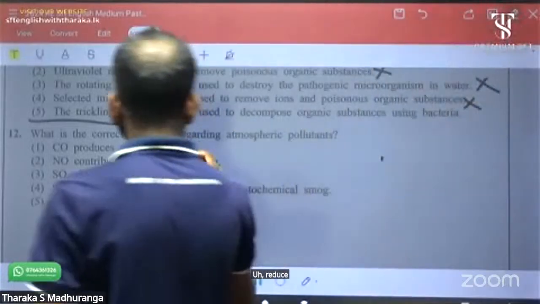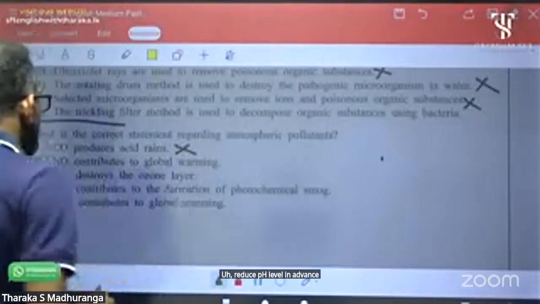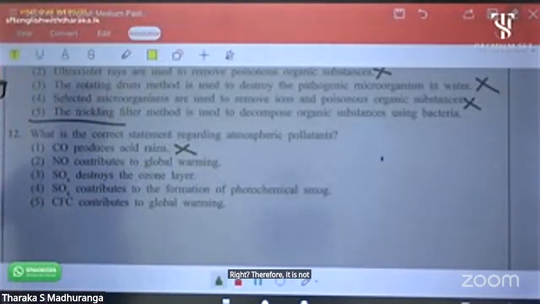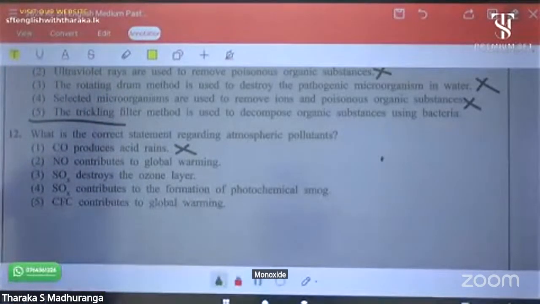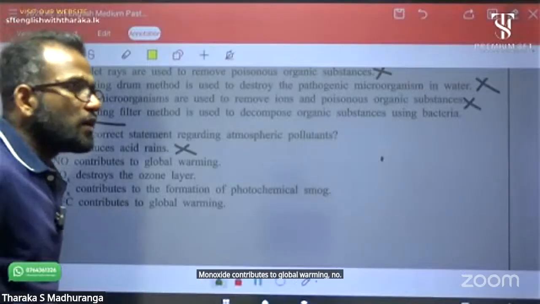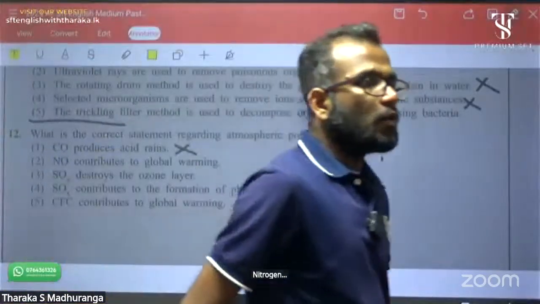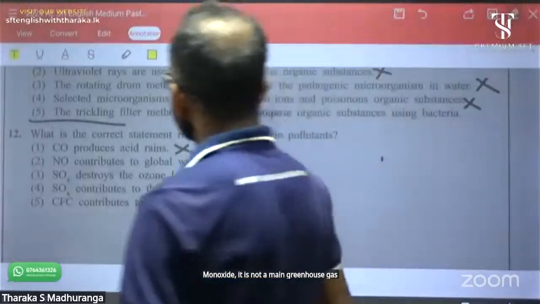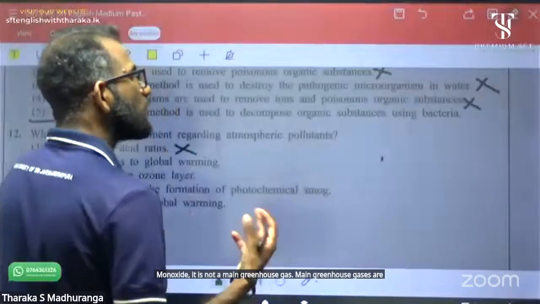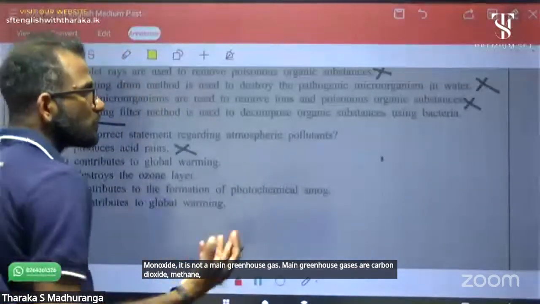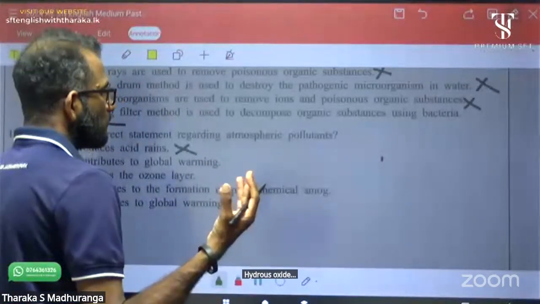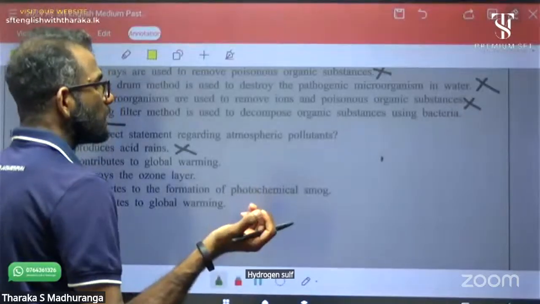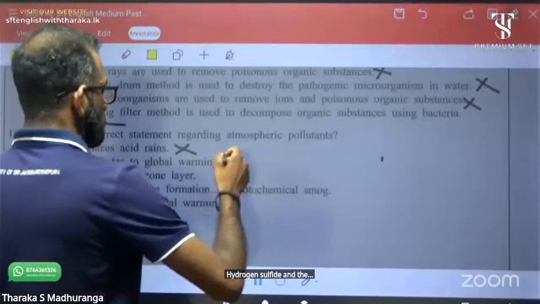Therefore, it does not produce acid rain. Nitrogen monoxide contributes to global warming. No, nitrogen monoxide is not a main greenhouse gas. Main greenhouse gases are carbon dioxide, methane, hydrogen sulfide, and water vapor.